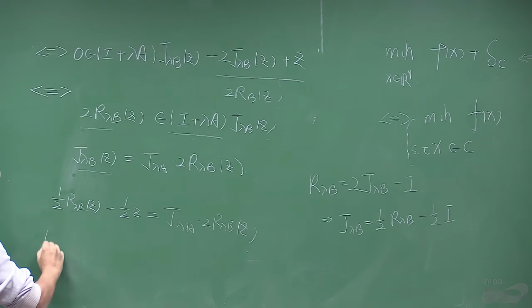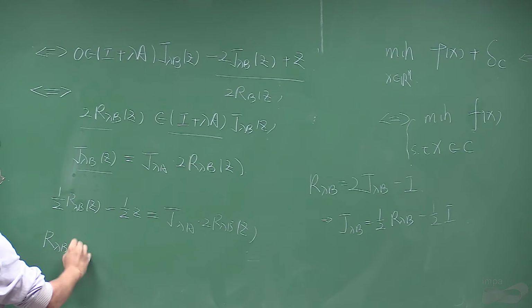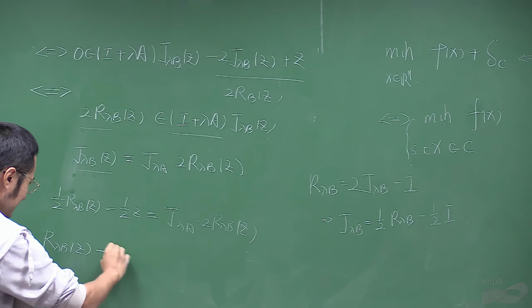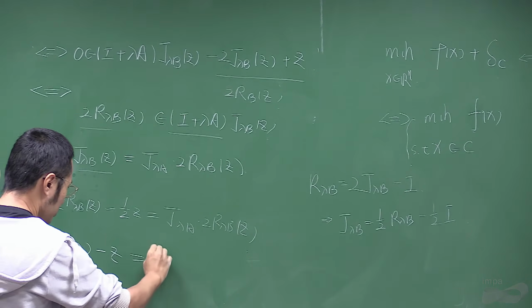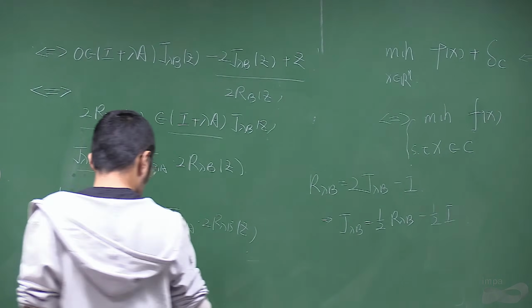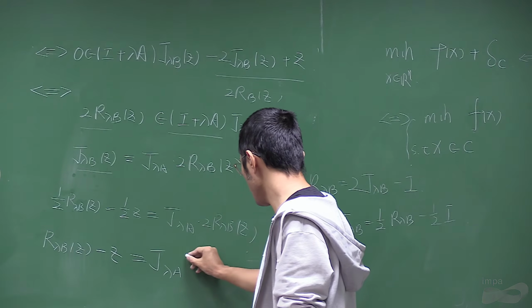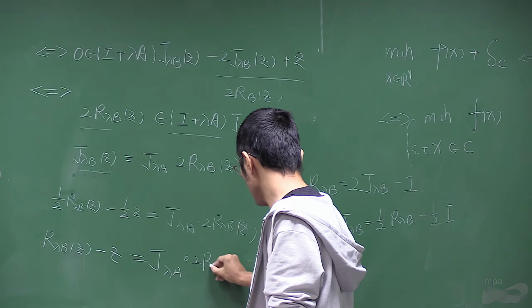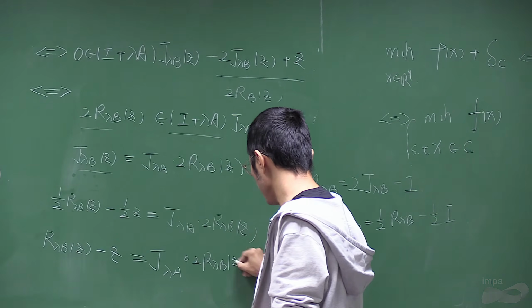So we have the resolvent of B at z minus z equals the resolvent of A of the reflection of B at z.